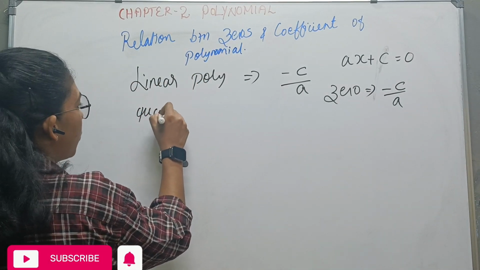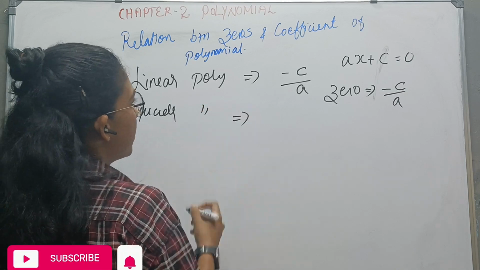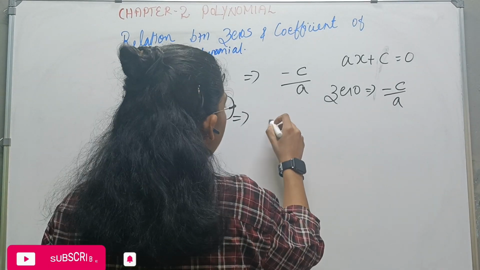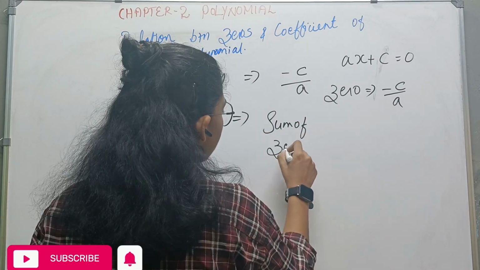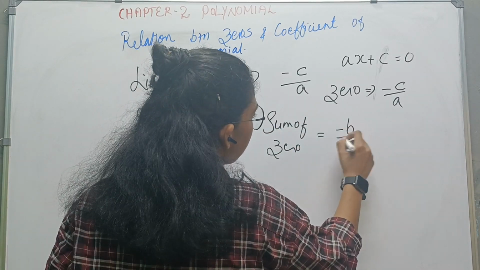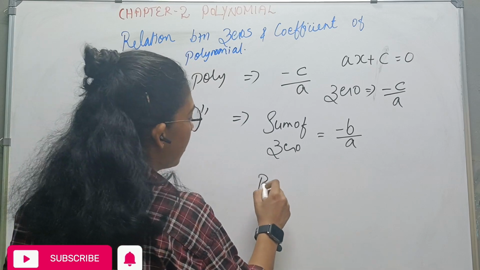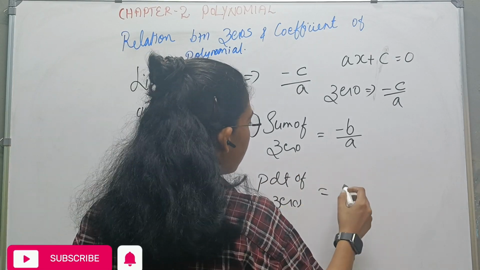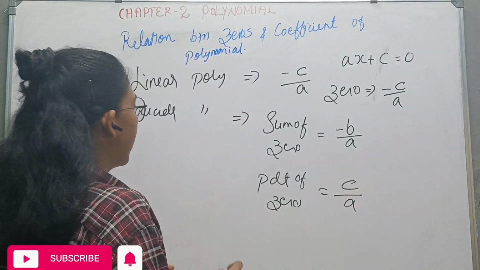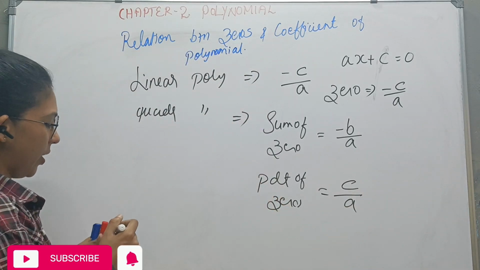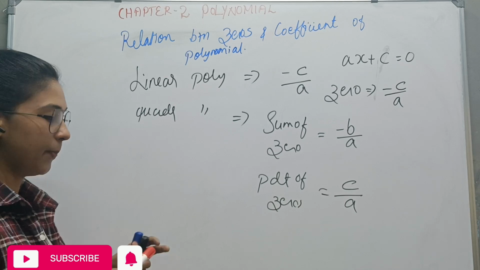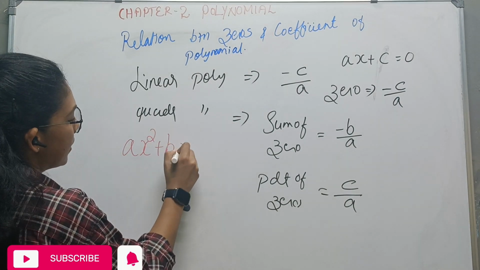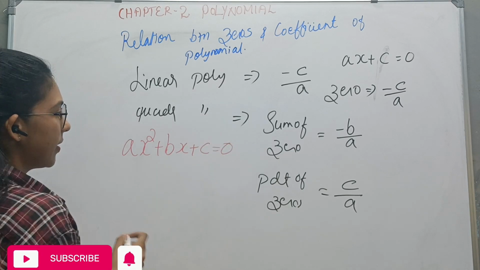And for a quadratic polynomial, the relationship between zeros and coefficients: the sum of zeros is minus b upon a, and the product of zeros is c by a. So for a quadratic polynomial, the general expression is ax square plus bx plus c is equal to 0.